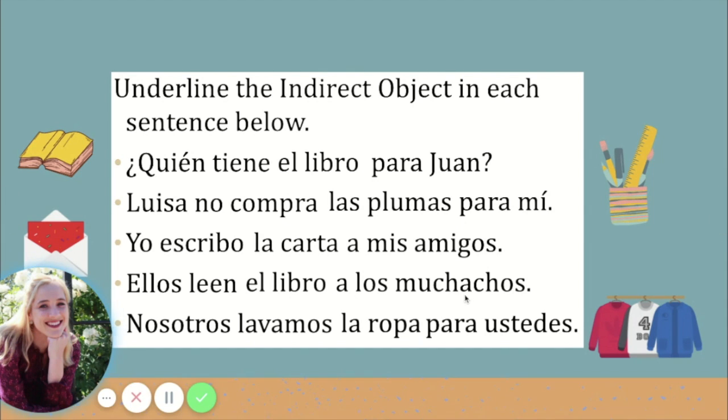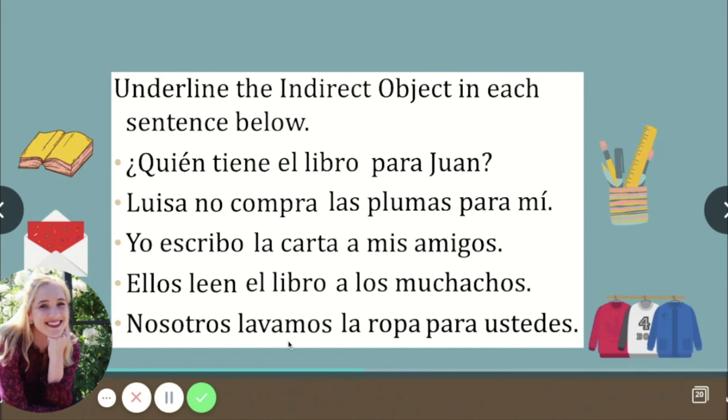A los muchachos, to the guys. What is our indirect object? Okay, a los muchachos. So los muchachos is our indirect object. That answers to whom or for whom.